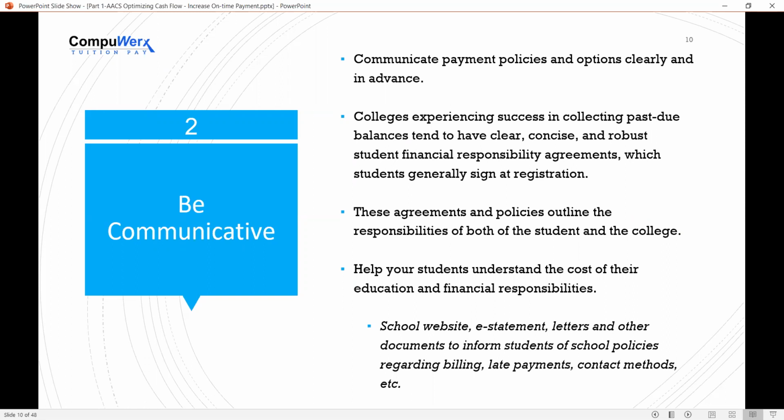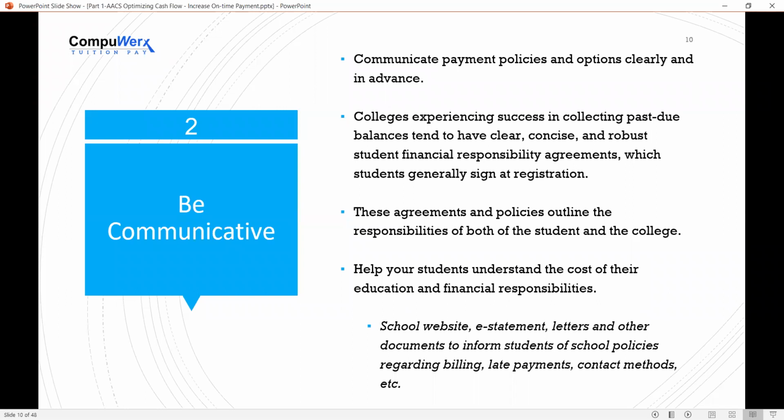Communication is important. At the beginning of the school year, you want to make sure to communicate the payment policies and options to your students clearly in advance. Colleges experiencing success in collecting past due balances tend to have clear, robust student financial responsibility agreements, which students generally sign at registration.